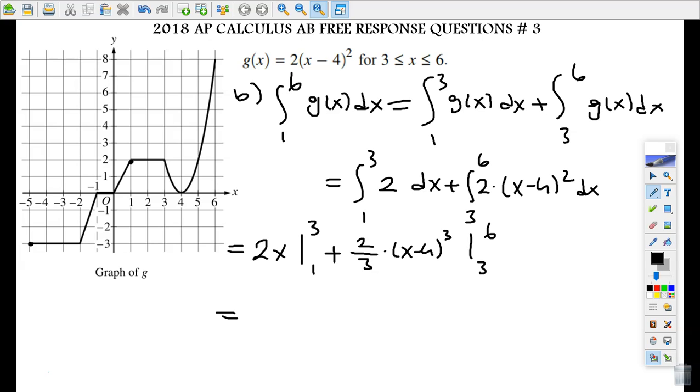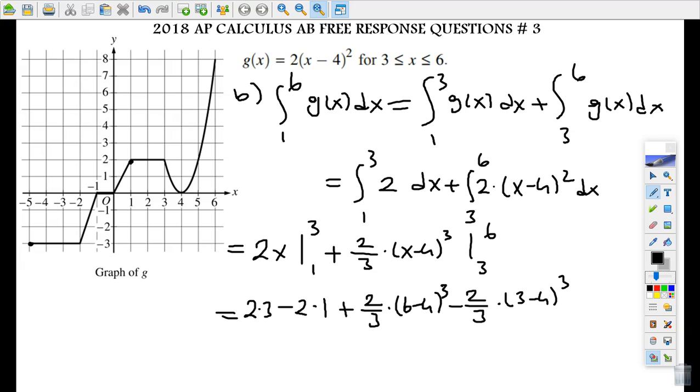So this is equal to 2 times 3 minus 2 times 1, plus 2/3 times (6 minus 4) cubed minus 2/3 times (3 minus 4) cubed.